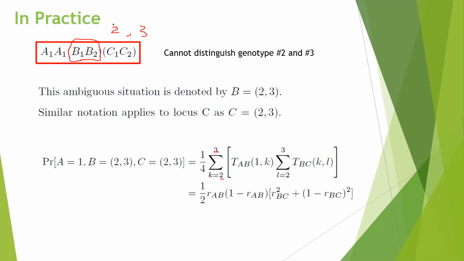These two events, B equals 2 or B equals 3, cannot both occur within an individual progeny. For a single individual, you cannot take both. So these two probabilities should be added up to calculate the union, since the two events are mutually exclusive.